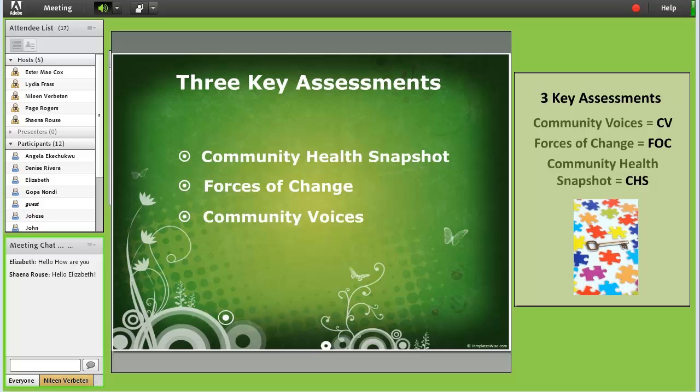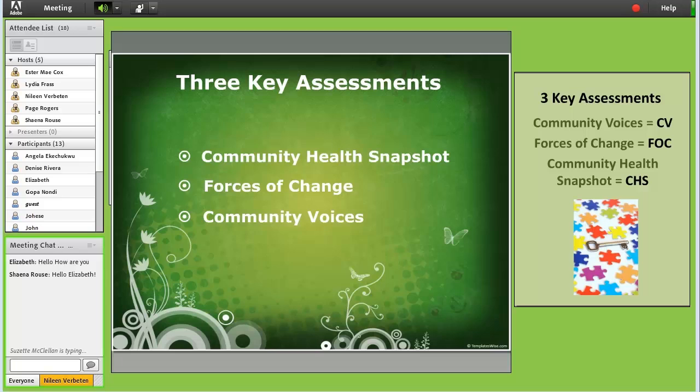Here are, again, the 3 key assessments listed, and they are modified and adapted from the MAP framework, and they are presented in the Healthy South Carolina Initiative Community Engagement Toolkit, which we'll mention a little bit later. So the assessments really don't have to be done in any particular order, and the way that you'll approach them really will depend on several factors, one of which is the existing capacity in your community.